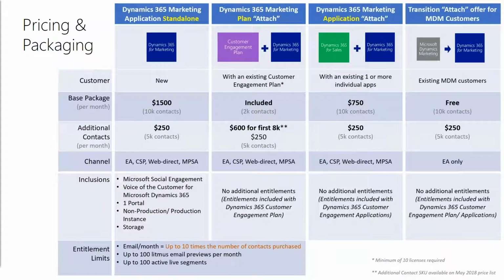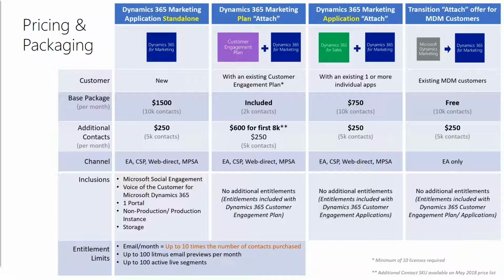This slide really shows it all. If you want to purchase Dynamics 365 for Marketing as a standalone application, it's $1,500 per month for 10,000 contacts. These prices, by the way, are all U.S. prices because they're nice and rounded, but you can find the Canadian prices just by doing an internet search.